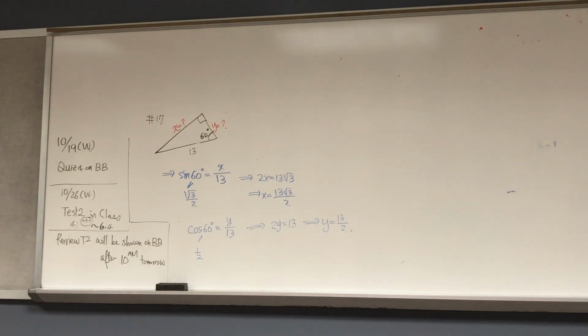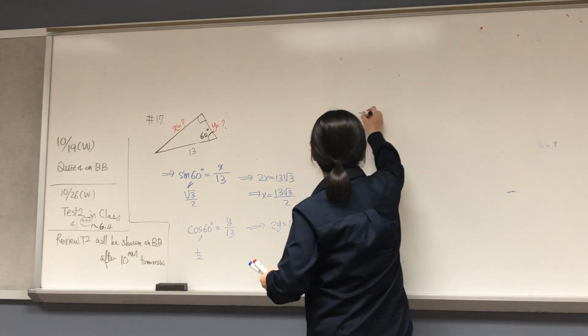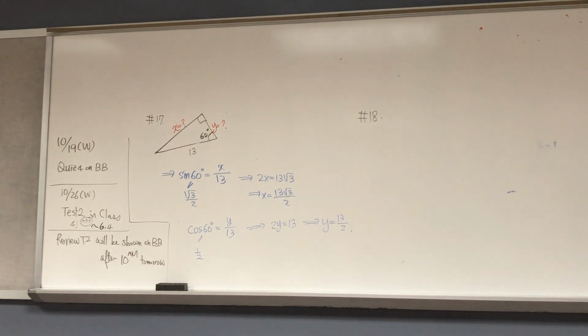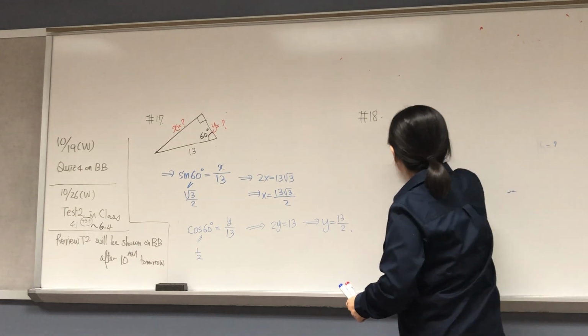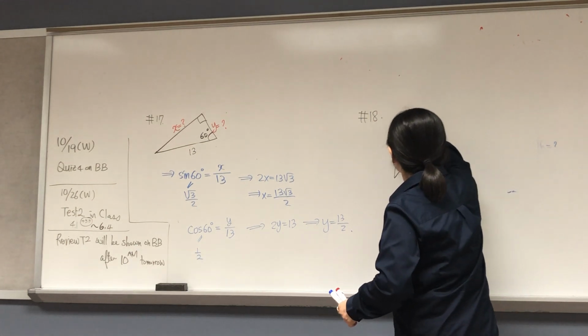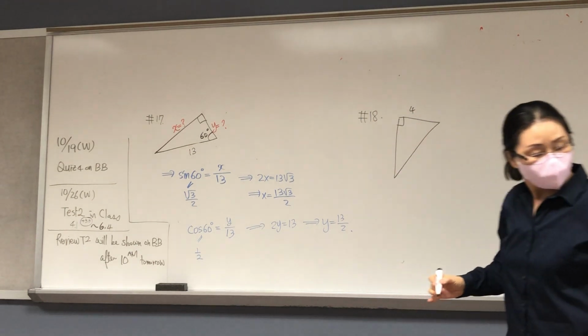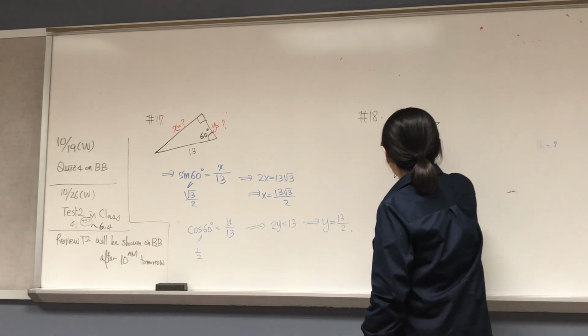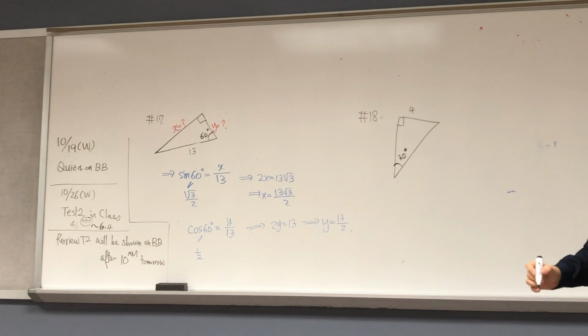How about 18? Very similar. This is 4, and this is 30. Then here is x.